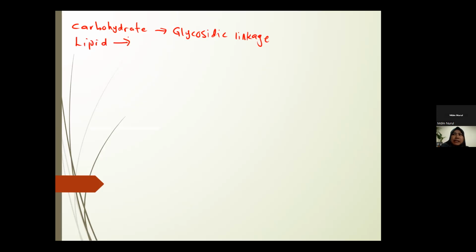The bond is ester linkage. Okay, ester linkage, right? And now you are learning about protein. So protein, right? The amino acids are linked together by peptide bond.